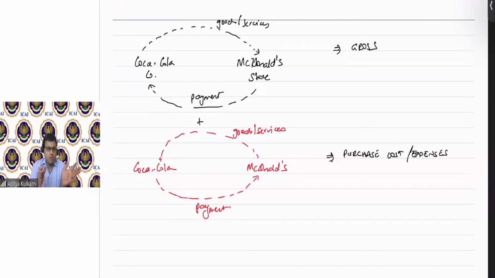In Pantaloons and similar stores, what is the general trend? Near the billing counter, you have small earrings and women's accessories, which are not very expensive, but which are part of their day-to-day usage.